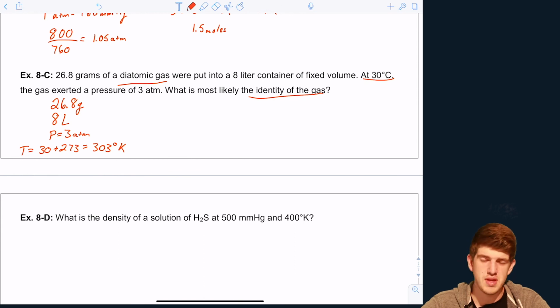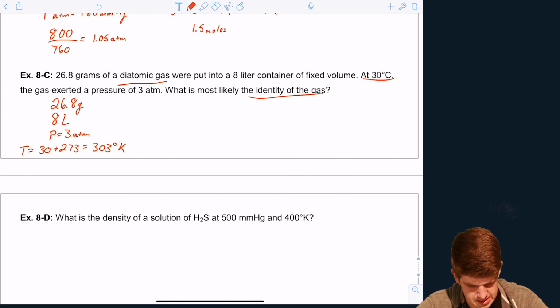Well, the only thing that can really tell us about the identity of this gas is going to be the molar mass. And if it's a diatomic gas, that means that the molar mass that I find is going to be double the element's atomic mass.